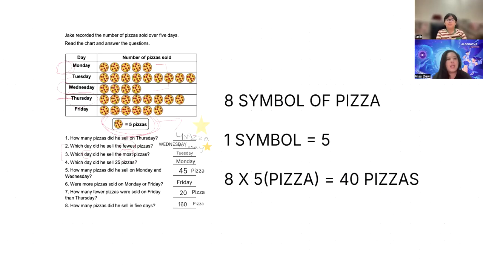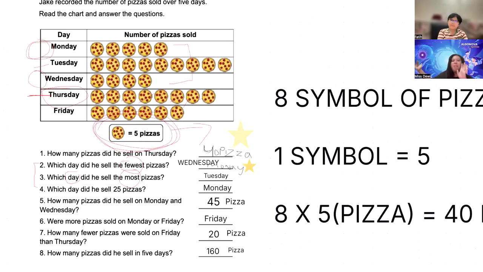Then you can see which day has the longest row of pizza symbols. For Monday, of course not, since you see a lot of days having more pizza than him. So we're gonna skip it. Tuesday, based on the picture, makes the line full of pizza, right? So we can consider it for the answer.